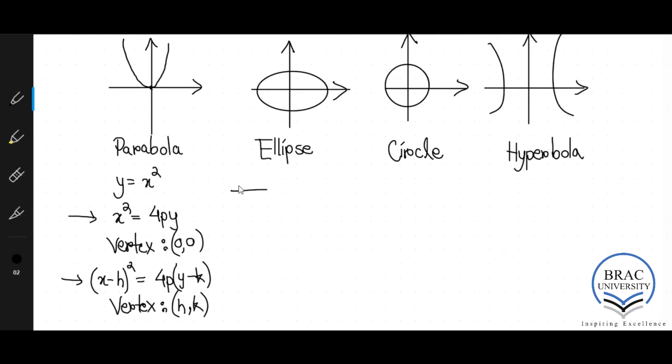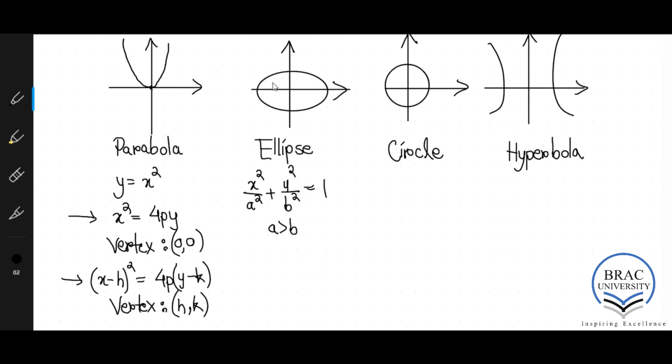The ellipse has the standard form. Well, if it was centered at the origin, we would see it has a form of x squared over a squared plus y squared over b squared is equal to 1. Now this is provided that a is greater than b, which means this shape will be longer on the x-axis. We'll talk about the technical ways in an upcoming video.